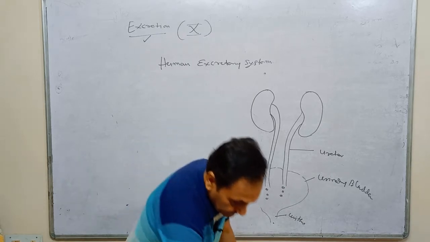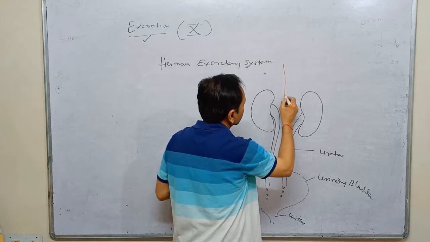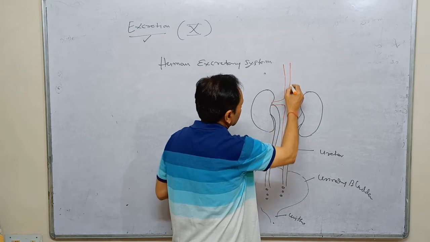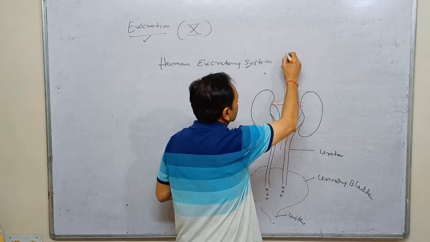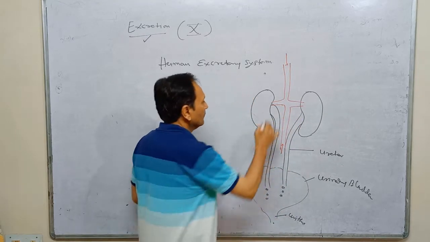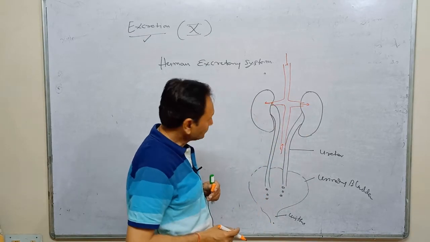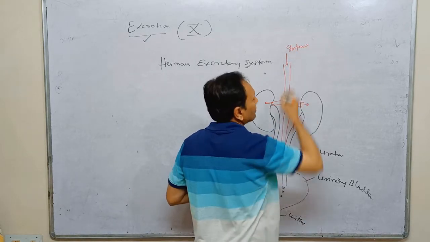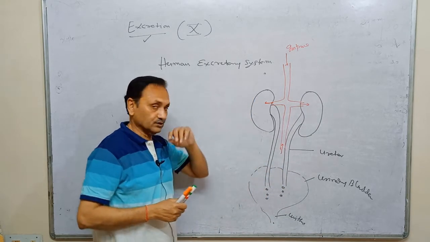In addition, the kidney receives blood. It is impure blood. Here you use impure blood, not oxygenated or deoxygenated.